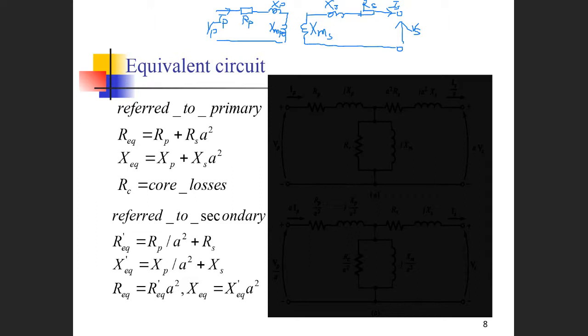In the previous slide, we have the self-inductance, self-reactance, and mutual reactance. Self-reactance can be split into the leakage reactance plus the magnetizing reactance. If the leakage is zero, then the magnetizing reactance is the self-reactance, right?